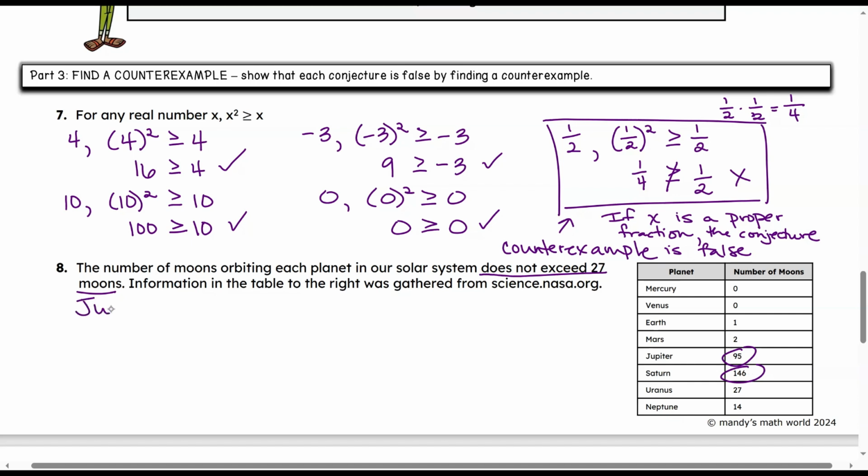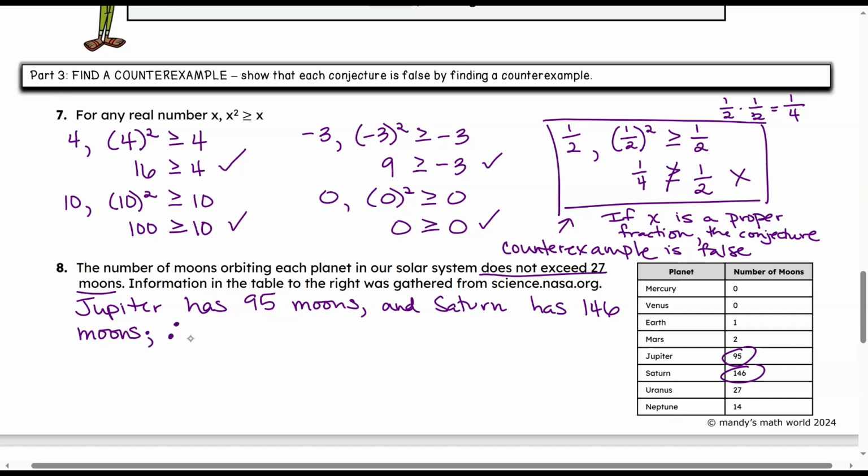Let's write that down. Therefore, the conjecture is false. There's our counterexample. We identified it in the table.